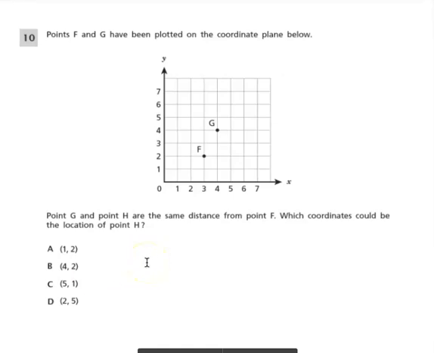Which do you think will be the coordinate of point H? Again, point F and G have been plotted on the coordinate plane. Point G and point H are the same distance from F. So which coordinates could be located for point H? Alright, a minute.